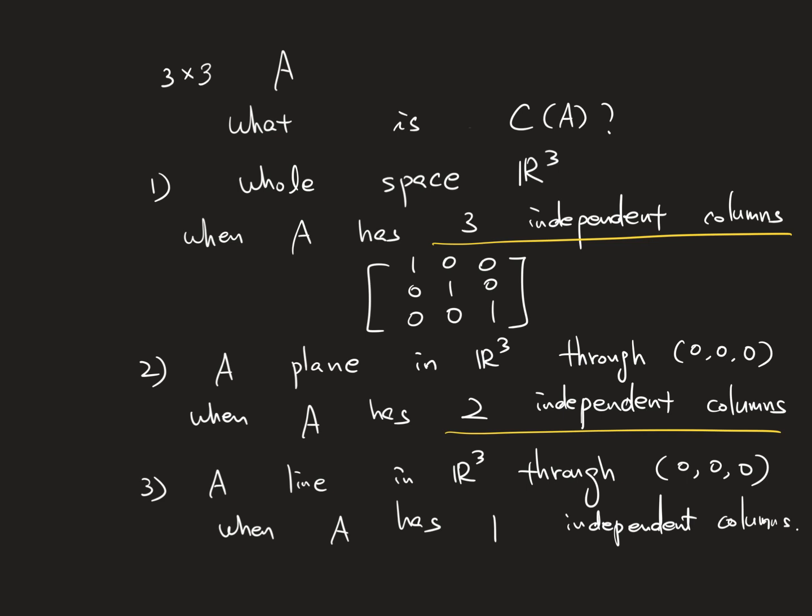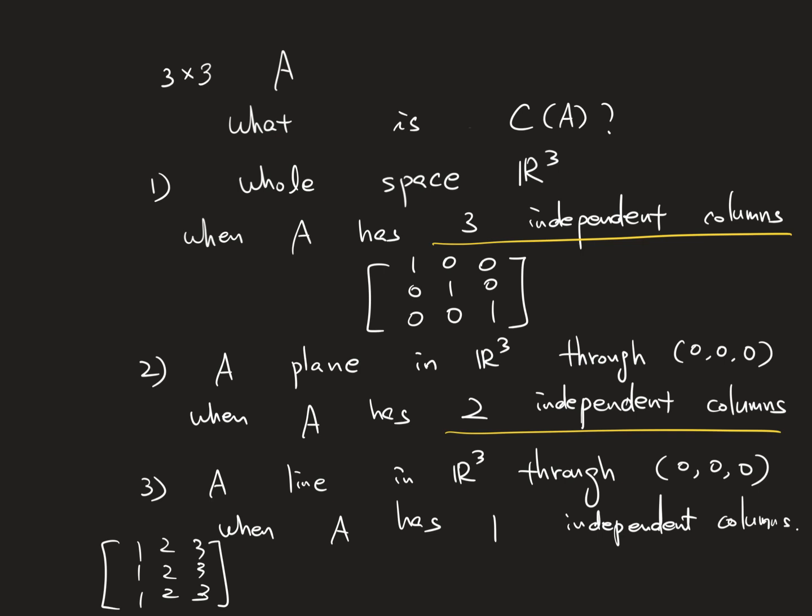You have seen this before. If A has columns 1 1 1, 2 2 2, and 3 3 3, then we have only 1 independent column, and the column space of this matrix is just a line.